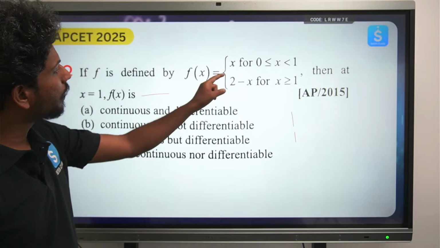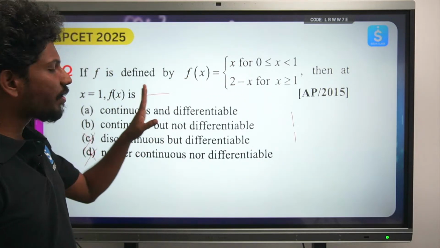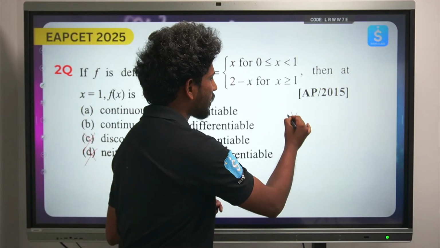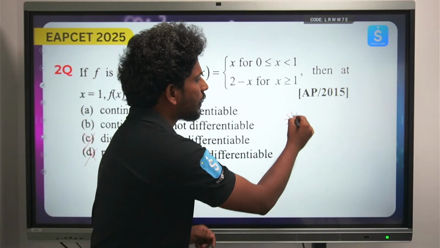Option A, okay, first he is asking is it differentiable or not? Okay, please highlight this star mark trick.